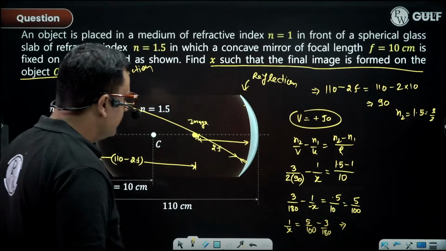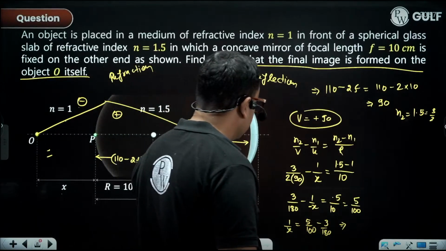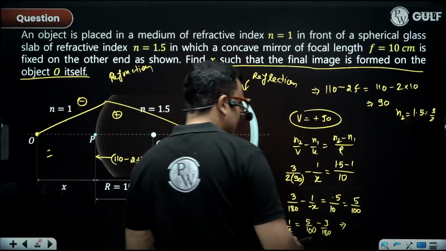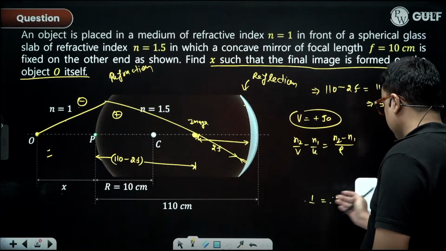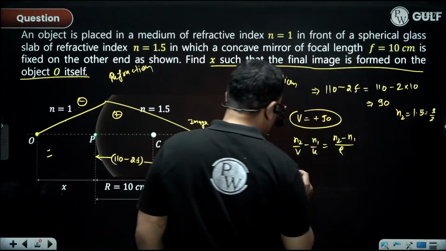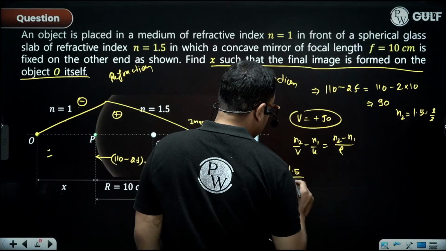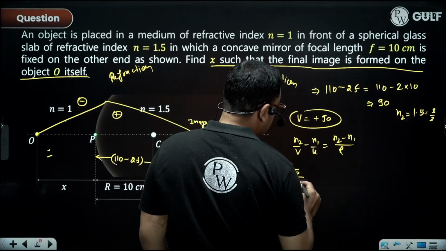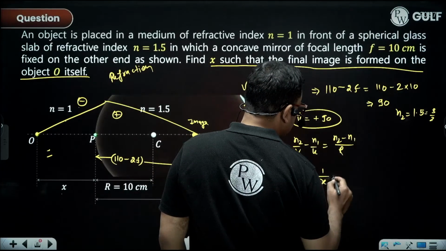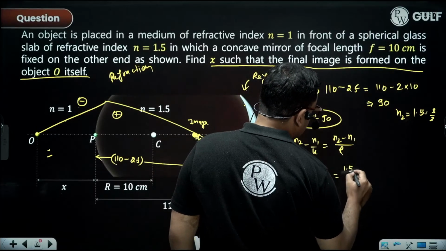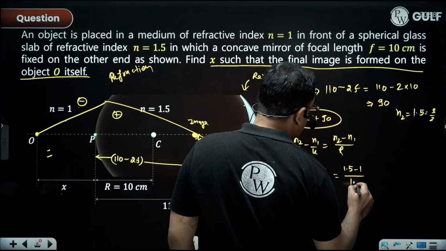Instead of putting 3 by 2, we can put 1.5. Our answer will become very fast because this LCM part is very lengthy. Let's put 1.5 only. 1.5 upon 90, n1 is 1 by minus x, equal to 1.5 minus 1 upon 10.